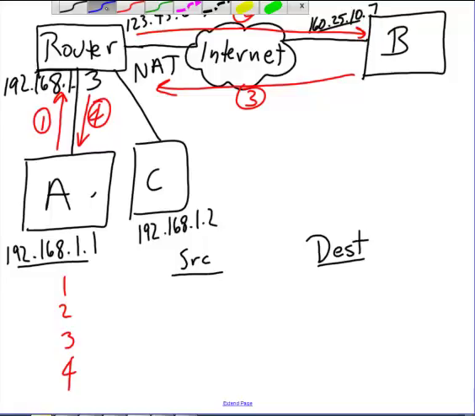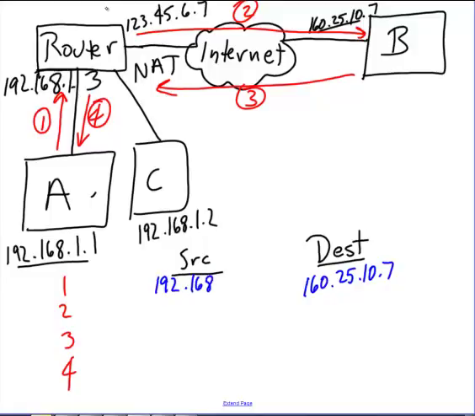The kicker here is that A thinks it is sending to B. So in other words, the destination is B's IP address, and the source is A's IP address, 192.168.1.1. It's okay to do it like this because our destination is not a private IP address.